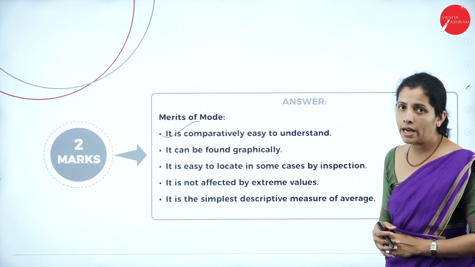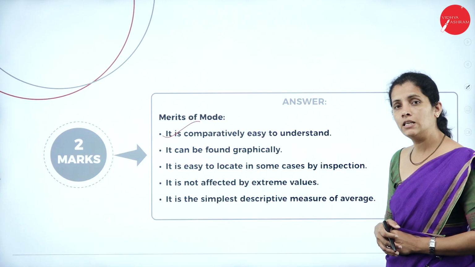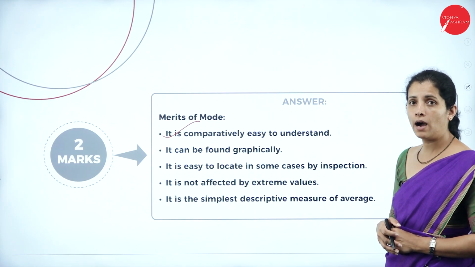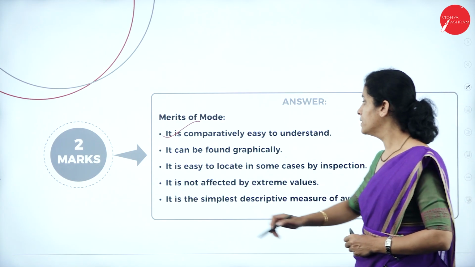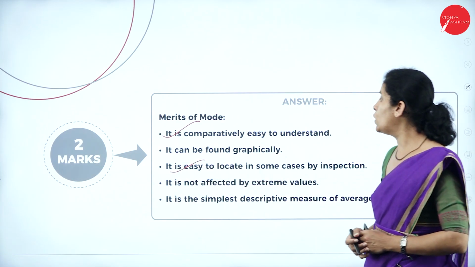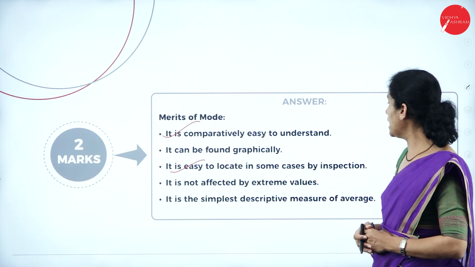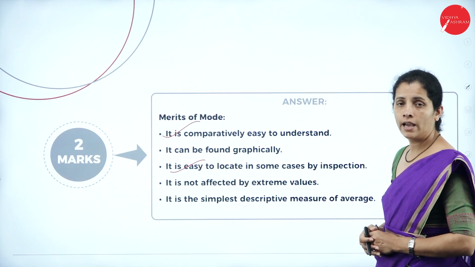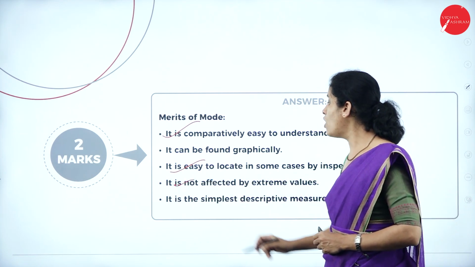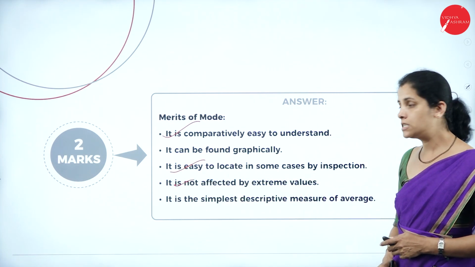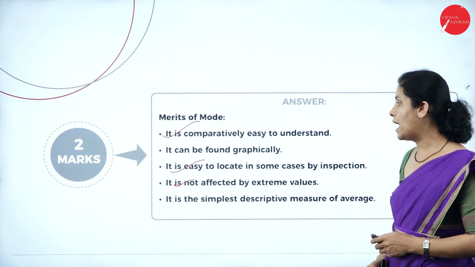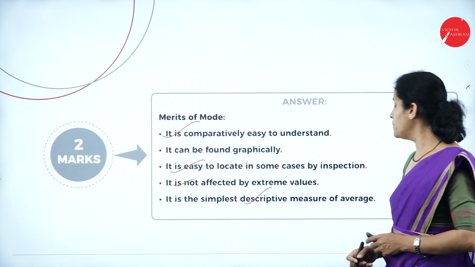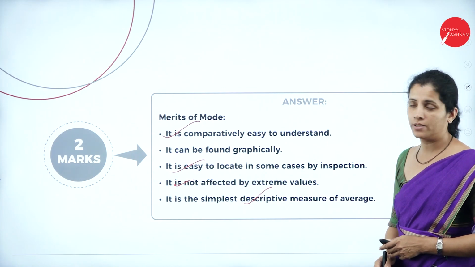It's also very easy to represent in terms of graphs, in the sense of pie chart, bar chart, etc. It is easy to locate in some cases by inspection. The next advantage is that it is not affected by extreme values, and it is the simplest descriptive measure of average.